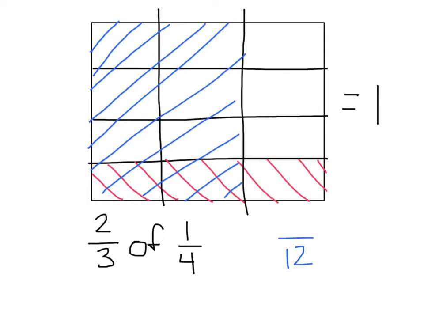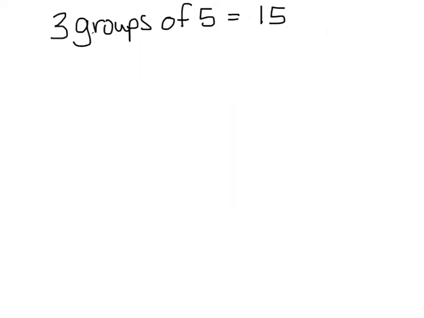And when I look at what part is actually the 2/3 of the 1/4, where I shaded in both parts, I can see that I have 2 of those parts. So I'm going to put a big X here, and a big X here. So what we have then is 2/3 of 1/4, which is 2/12.